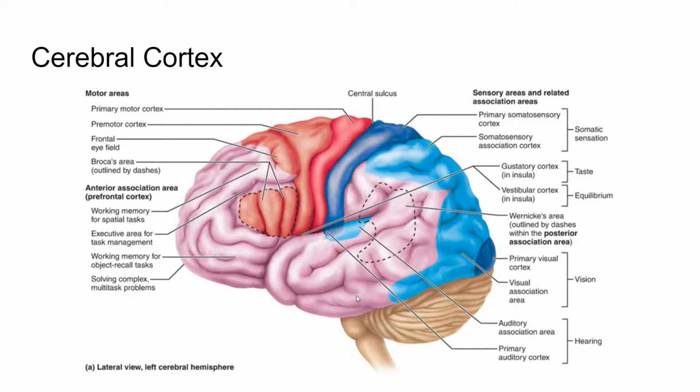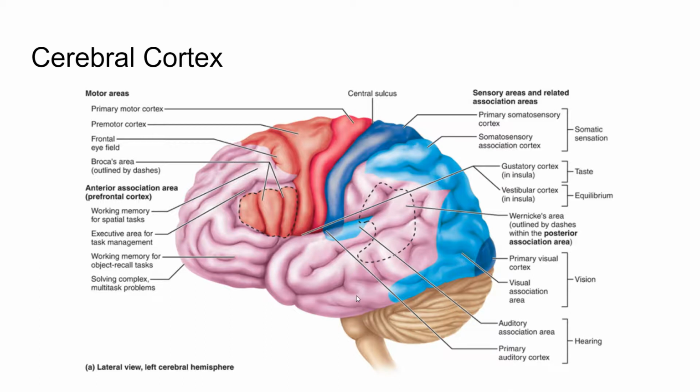Three general considerations for the cerebral cortex. You have the motor areas, which you can see located there. We'll talk about all these individually. The sensory areas, and then the association areas, which will be the most abstract of that. So motor areas, this makes sense.